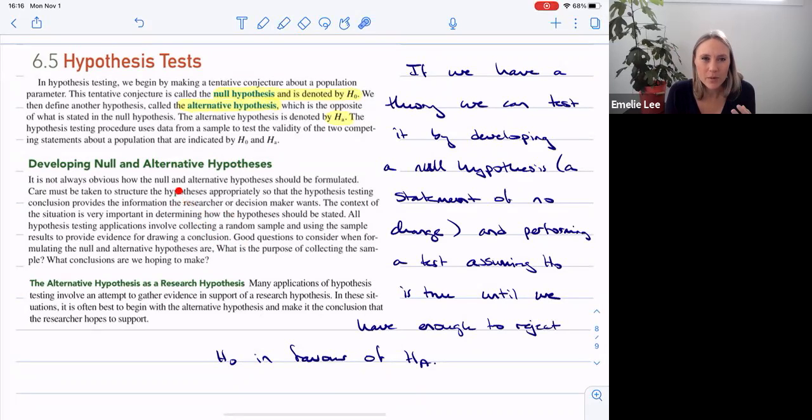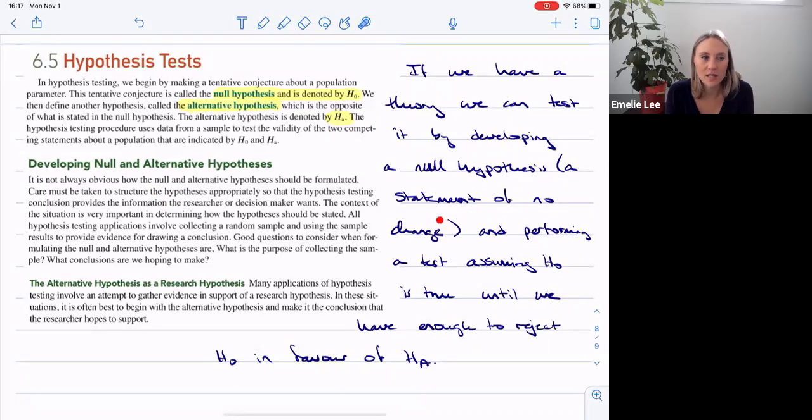So there are some notes here on developing the null and alternative hypotheses. It can be really difficult, potentially the hardest part of solving a problem, and it's not always obvious how the null and alternative hypotheses should be formulated. A couple of things to keep in mind: the null hypothesis is a statement of no change, so you're always going to have an equal sign or some equality.